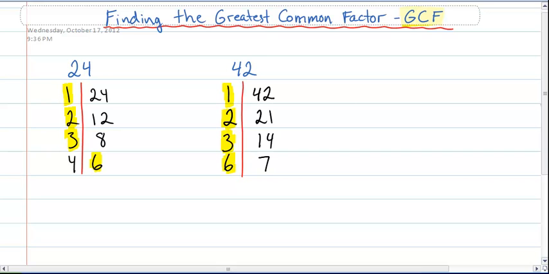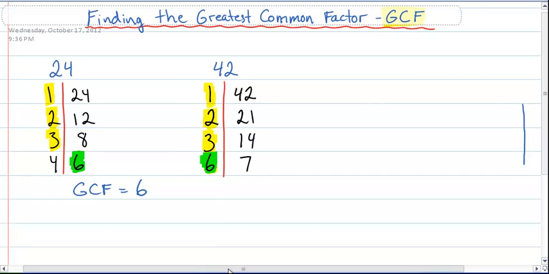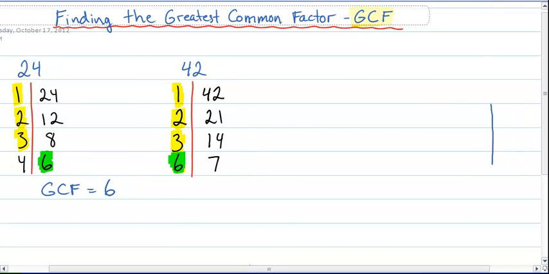So my greatest common factor happens to be 6. So what I do is I write down the GCF is equal to 6. Now, that's not the only way that you can do this. That's one method of identifying the greatest common factor.